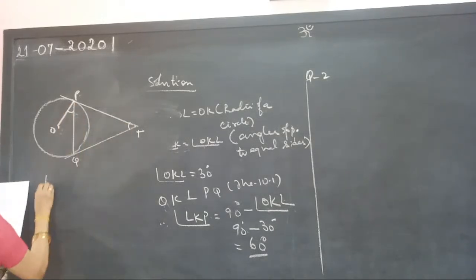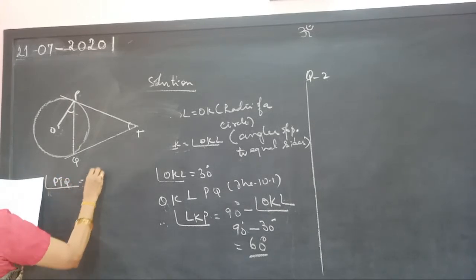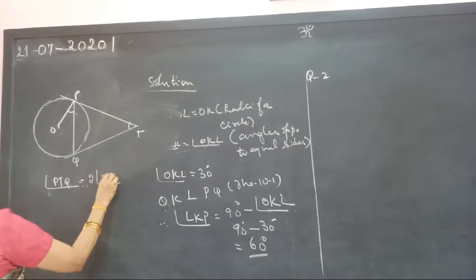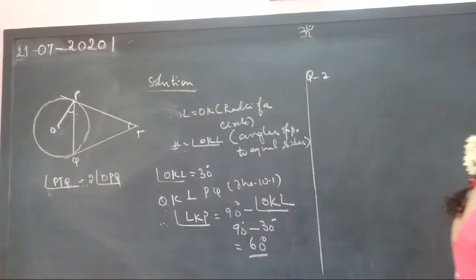We have to prove angle PTQ equals 2 times angle OPQ. So the relation is satisfied. So based on this you will get a 1 mark question.